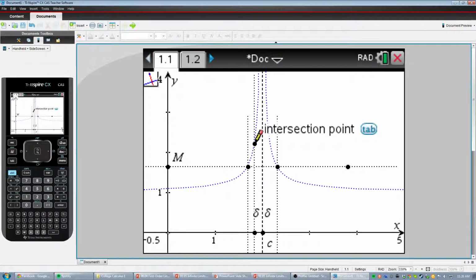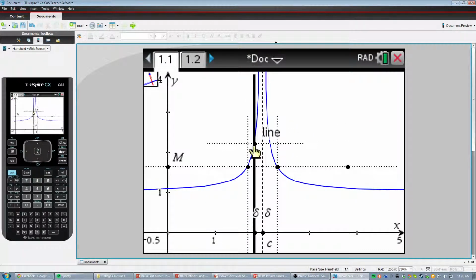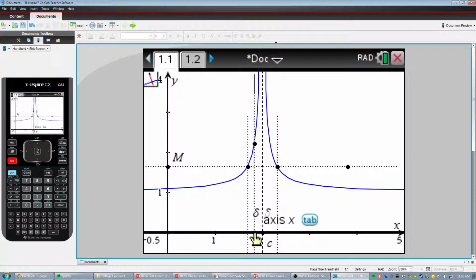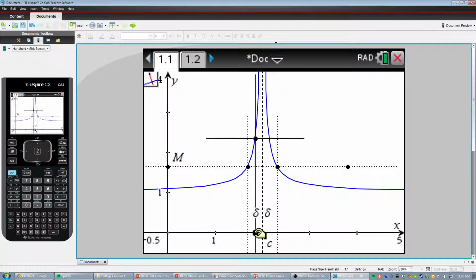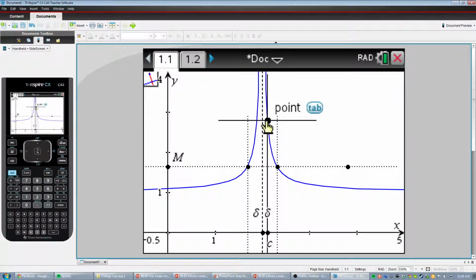Okay, so this point right there is the intersection point. Whenever this point is within delta of c, this f of x up here is going to be greater than M.